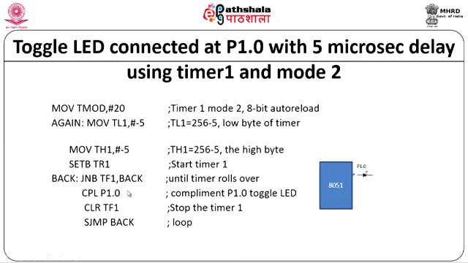The same way it goes round again and again, which in turn makes the LED on for 5 microseconds and off for 5 microseconds in a loop, so the LED toggles continuously. This is a very simple application, but with a prescribed time for doing a particular task.